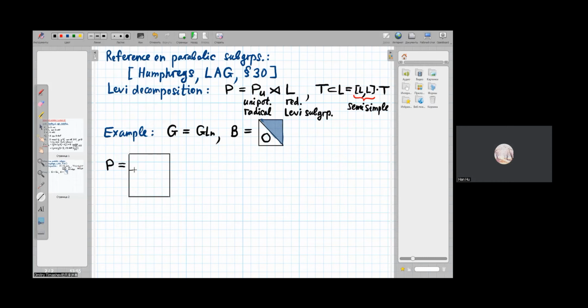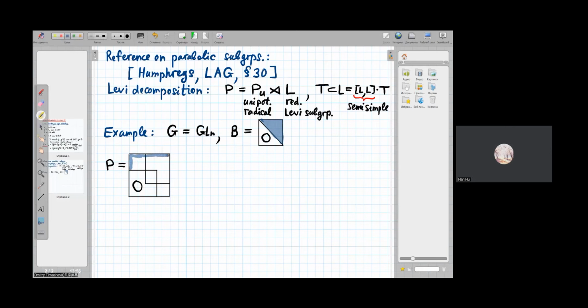We have zeros below, and something on the diagonal blocks and above.